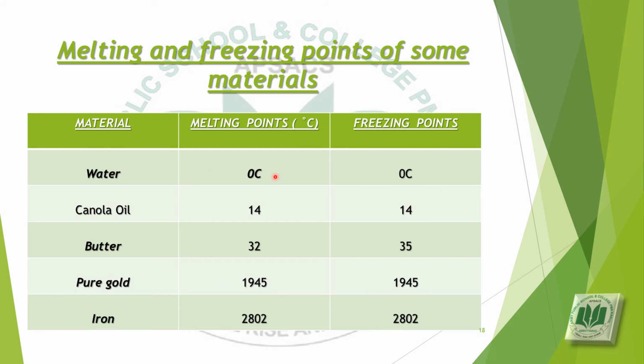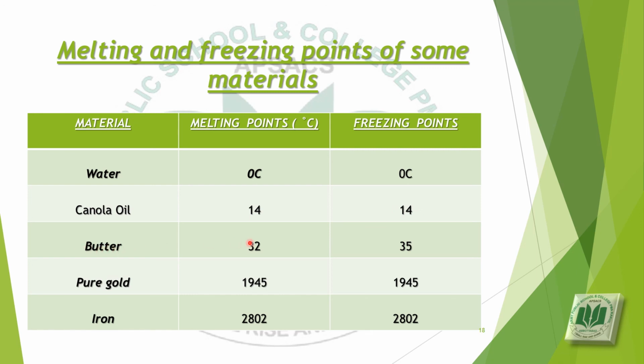The melting point of water is 0 degrees centigrade and the freezing point of water is 0 degrees centigrade. The second material is canola oil. Students, the melting point of canola oil is 14 degrees centigrade, and again, the freezing point of this oil is 14 degrees centigrade.